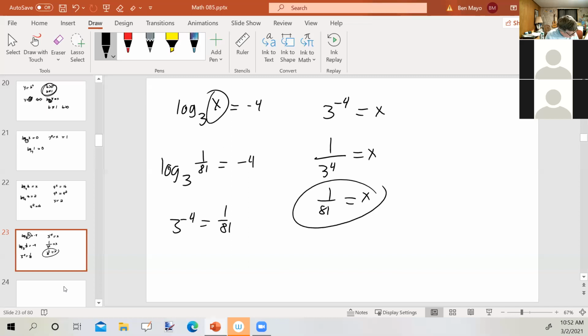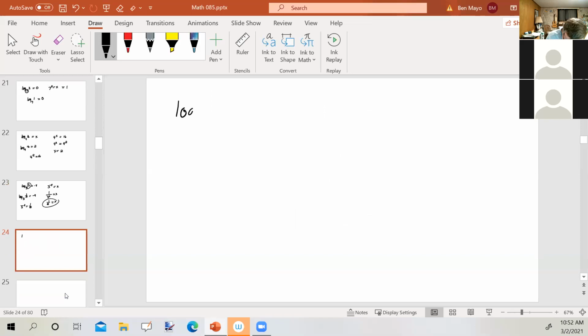Okay, let's see here. Log base x of 1,000th equals -3/2. So writing that in exponential form, we'd have x to the -3/2 equals 1 over 1,000.